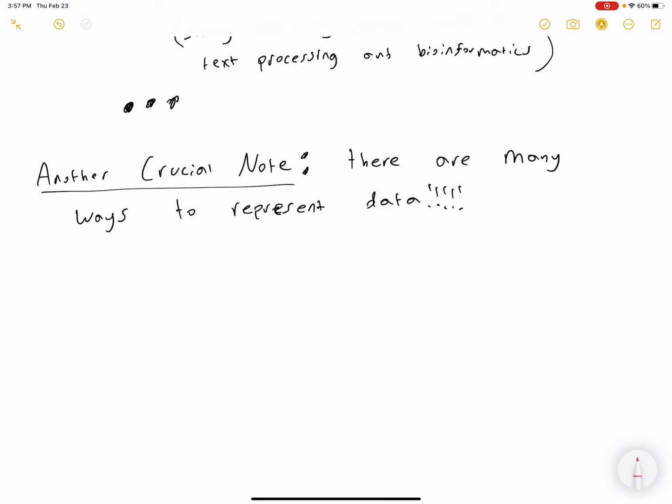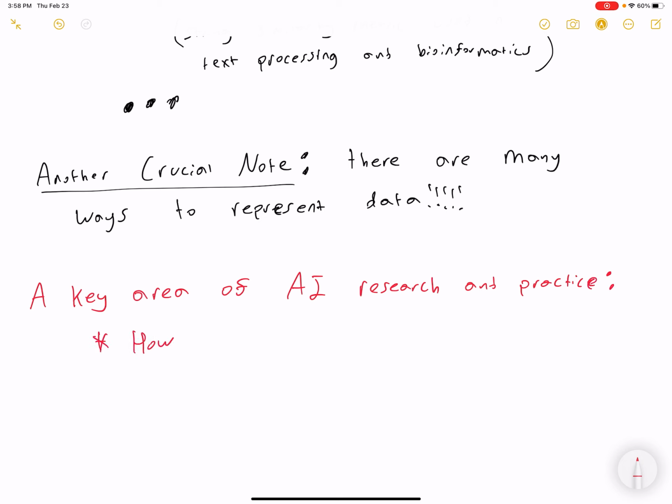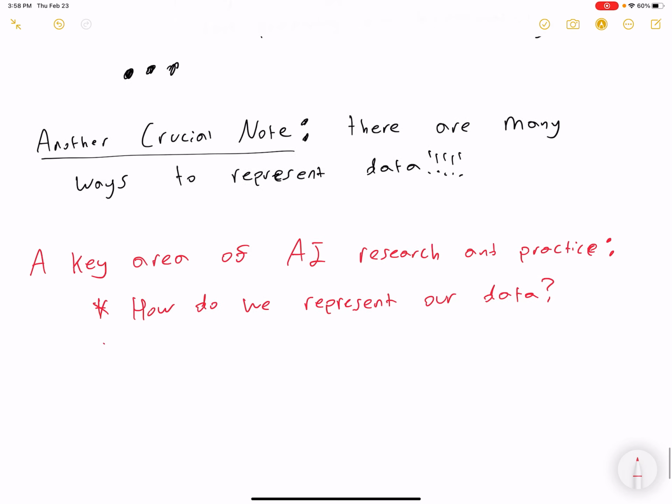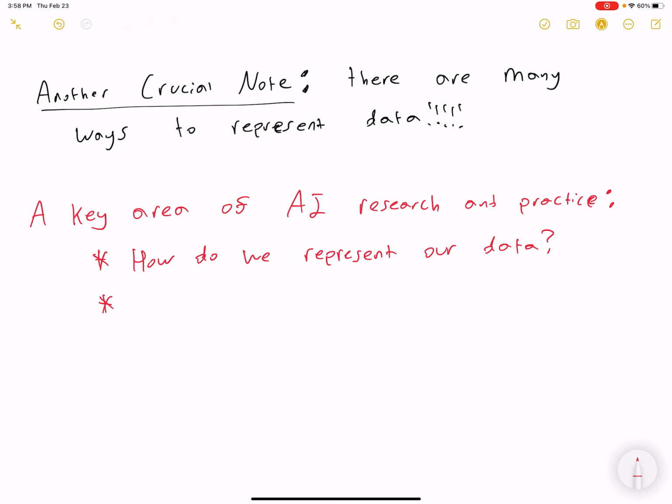I won't say the key area, but at least a key area of AI, not just research but also practice, if you want your models to work optimally, is answering how do we represent our data, because it doesn't matter which algorithm you use if your data is not represented well in a way that's informative.